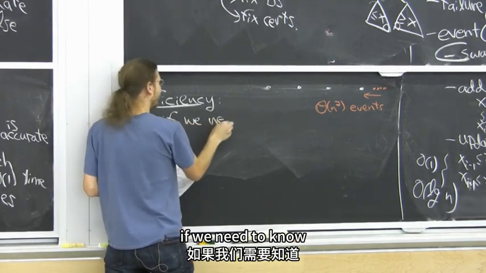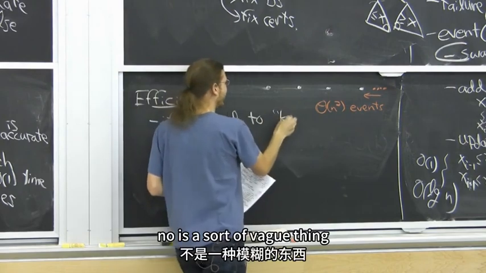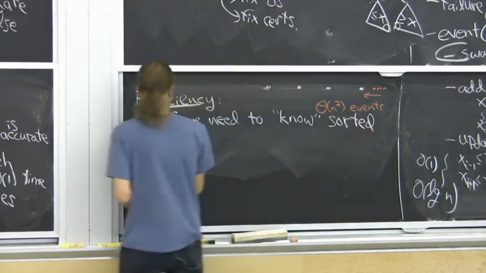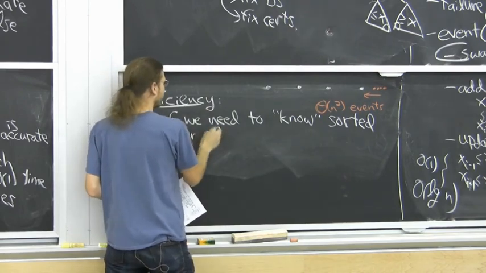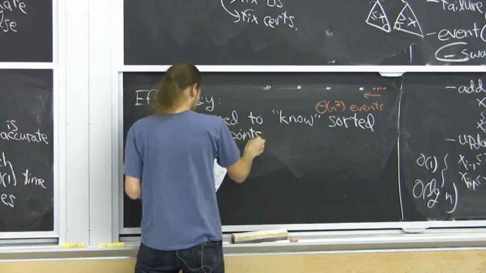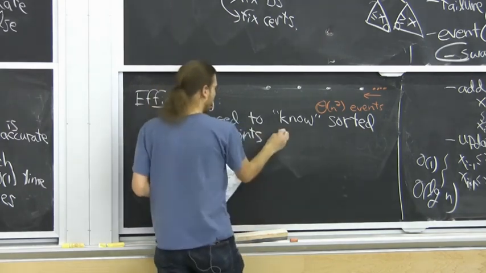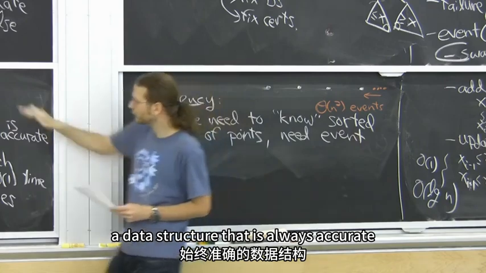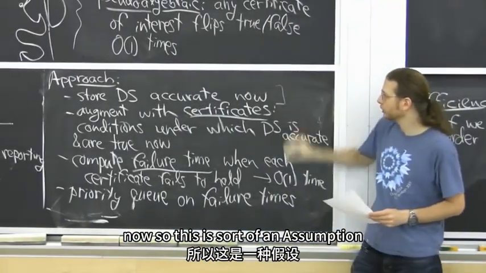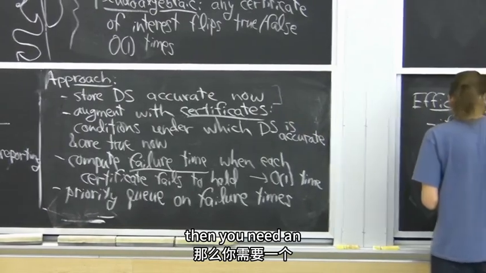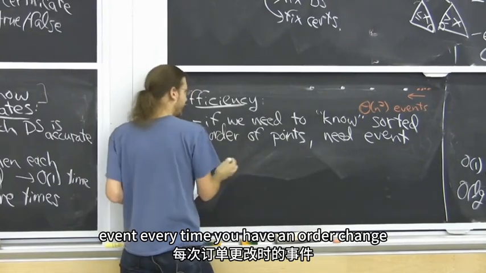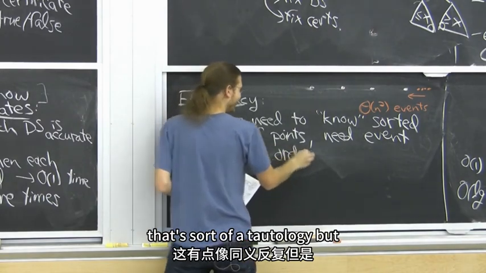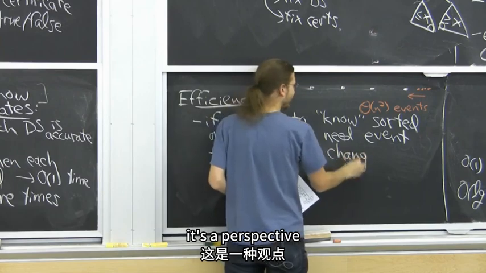If we need to know, is a sort of vague thing, the sorted order of the points, then you need an event. If we're going to keep a data structure that is always accurate now, so this is sort of an assumption, then you need an event every time you have an order change. That's sort of a tautology, but it's a perspective.